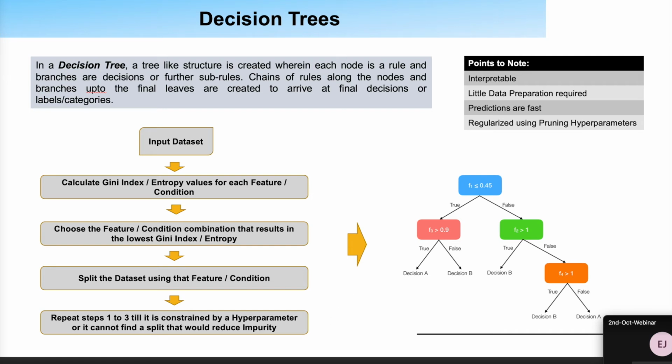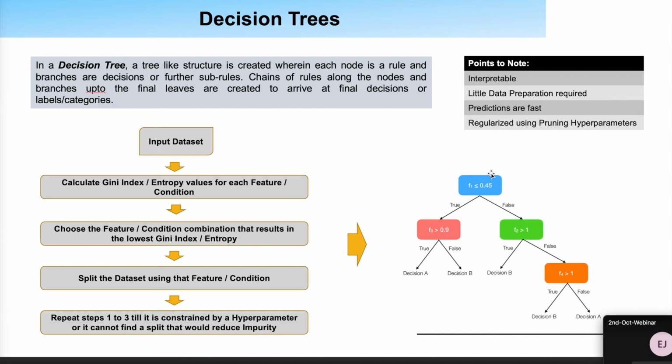Now, decision trees are very powerful algorithms, and they use some sophisticated methods. In decision trees, you create a tree-like hierarchy of rules. Say for instance you have features f1, f2, f3, f4 on this data set.